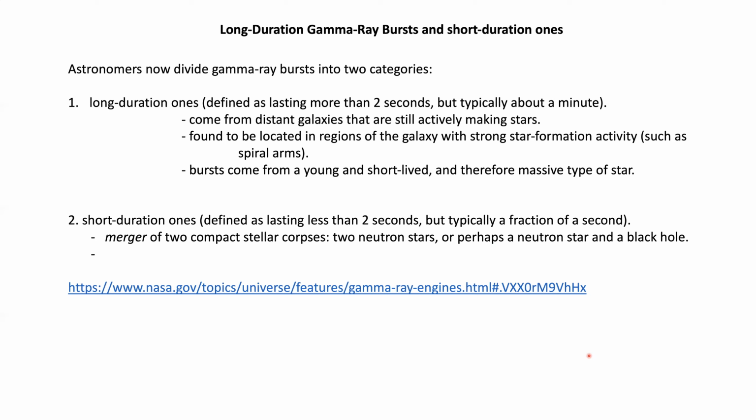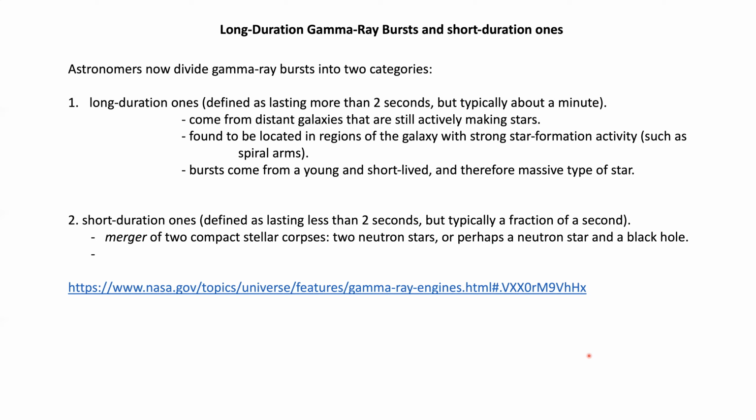Now these type of short gamma ray bursts appear to be coming from the merger of two compact stellar corpses, right? So what that means is it could be two neutron stars. Actually I have updated this slide after your question. And this could be two neutron stars, or maybe a neutron star and a black hole, right?